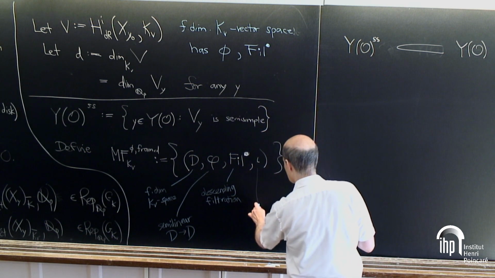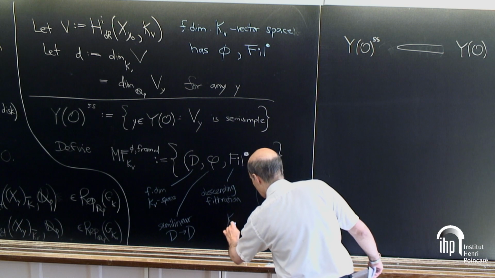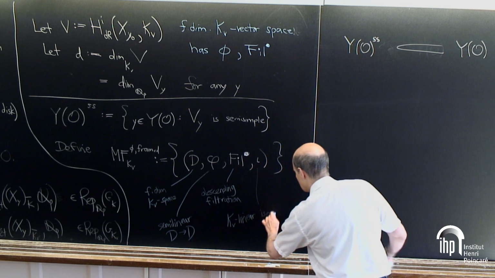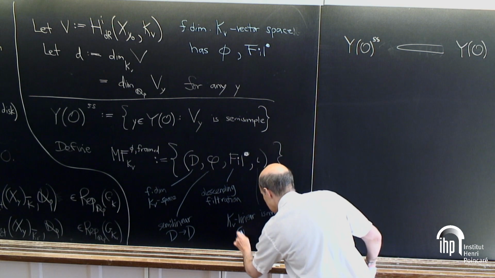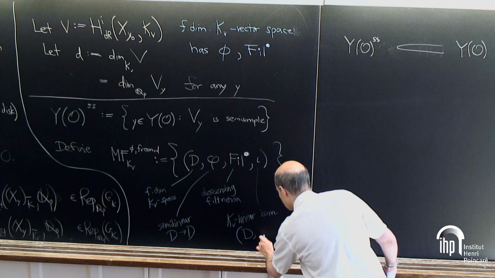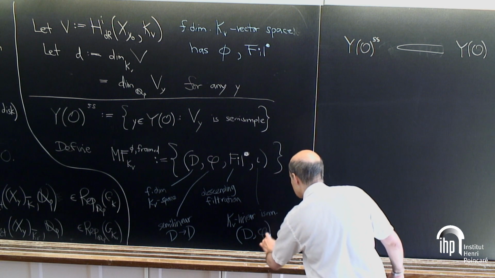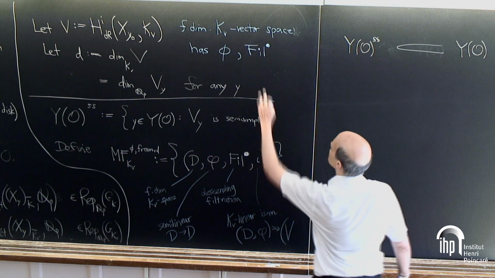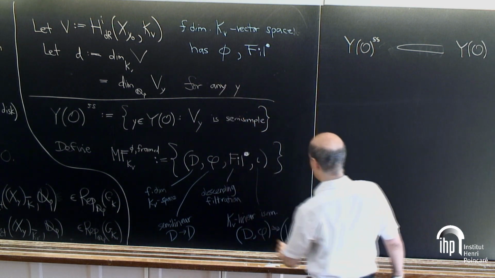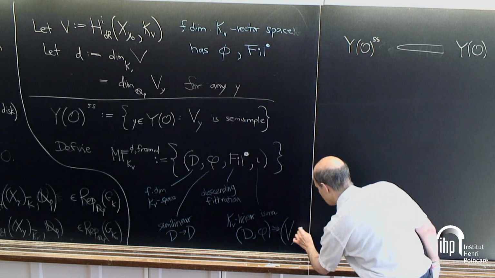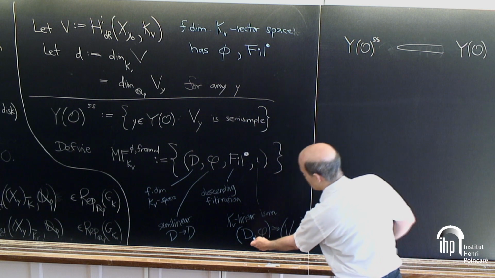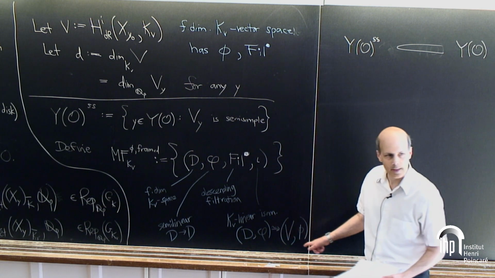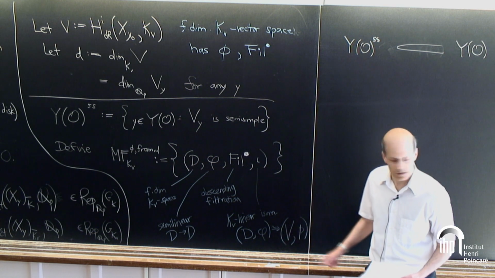And this new thing is going to be a K_V linear isomorphism from D with its Frobenius to this fixed V with its Frobenius, under which the Frobenius operators correspond.